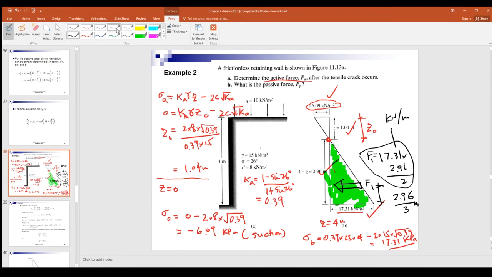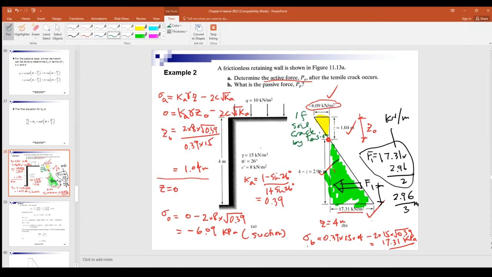What about the upper triangle? Now you have to be very careful about this triangle. Why? Because if the soil cracks by tension, you know the soil cannot resist tension, right?